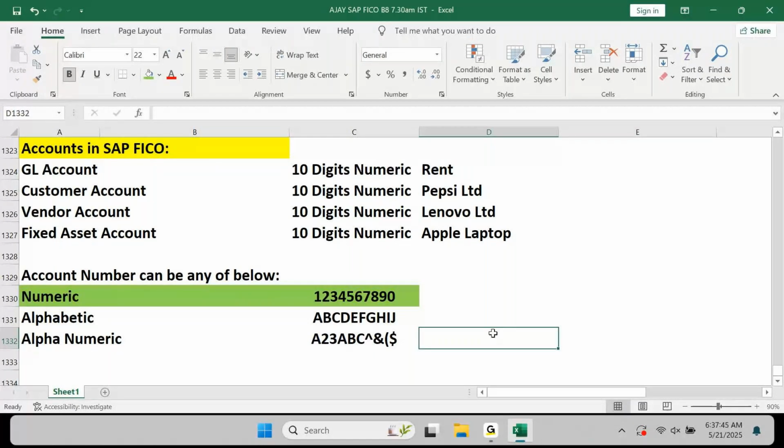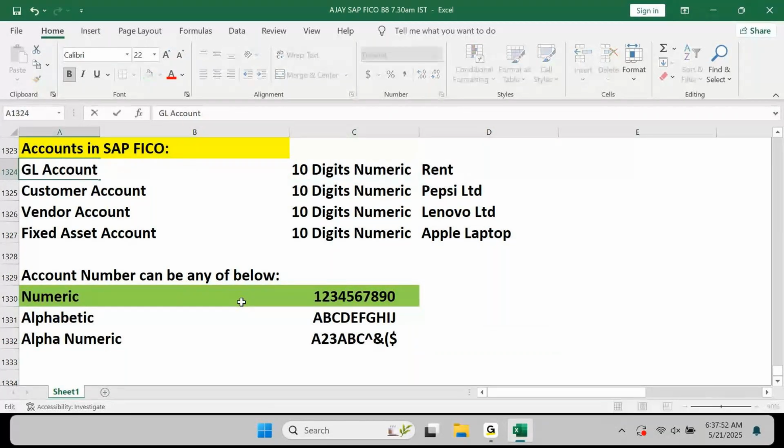Now let's assume we are going ahead with GL account 8 digit. I'll write in brackets, 8 digit. Customer account, let's take 6 digit, just an example to write some points.